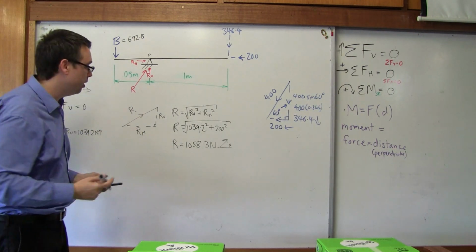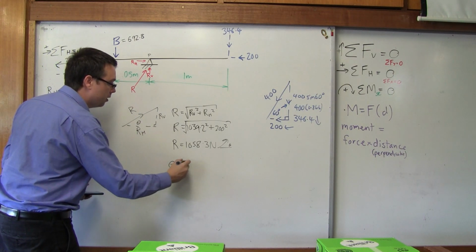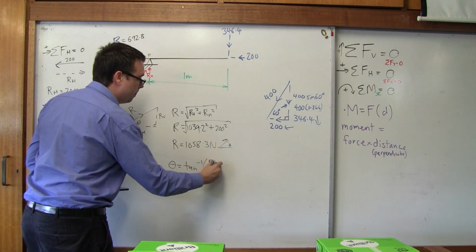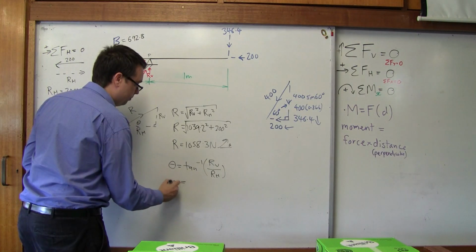Okay, my angle, how do I figure out my angle? Tan. What's the opposite angle? RV over RH.